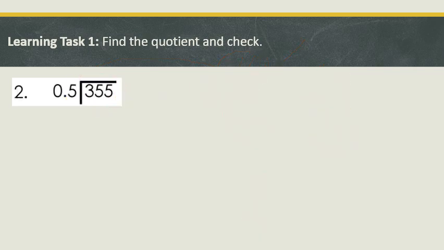Number 2. Ganun uli siya. I-adjust natin ito ng isa. Adjust din yung dulo natin ng isa. Kaya magdadagdag tayo ng 0 dyan. Siya ay magiging 3,550 divided by 5. 35 divided by 5 is 7. 7 times 5 is 35. 35 minus 35 is 0.